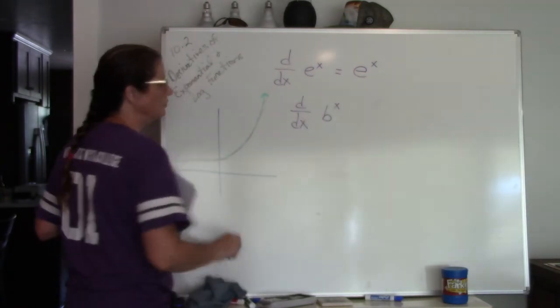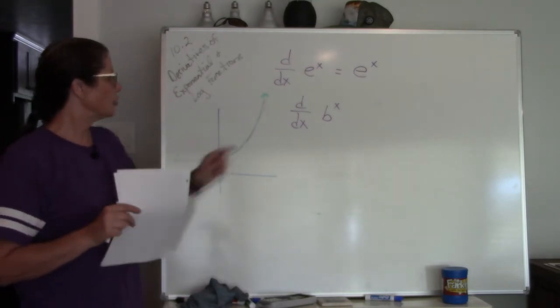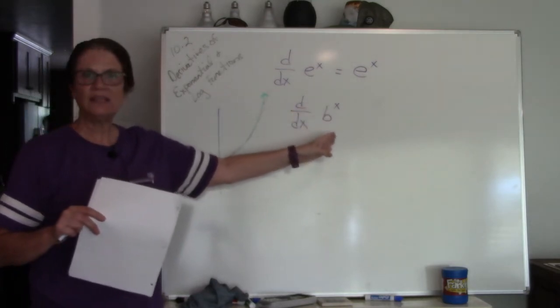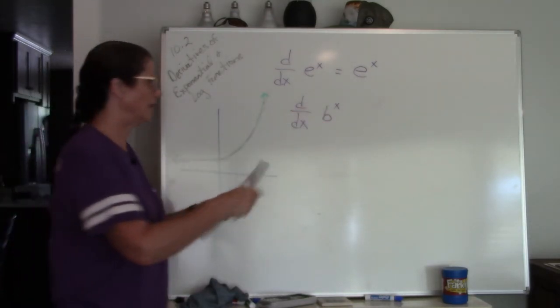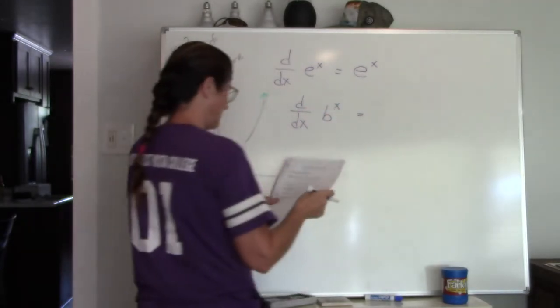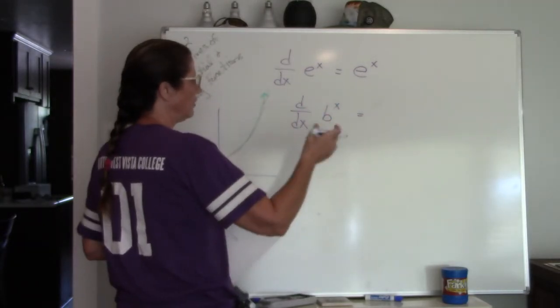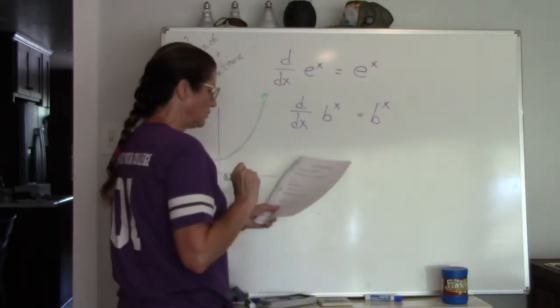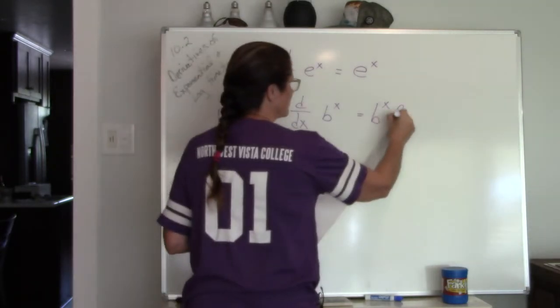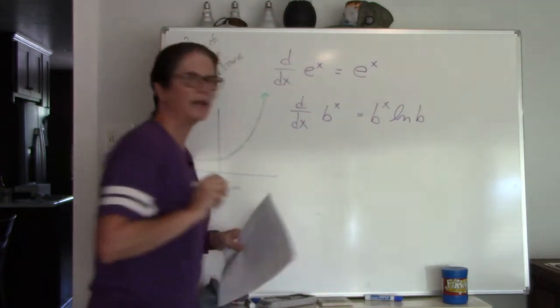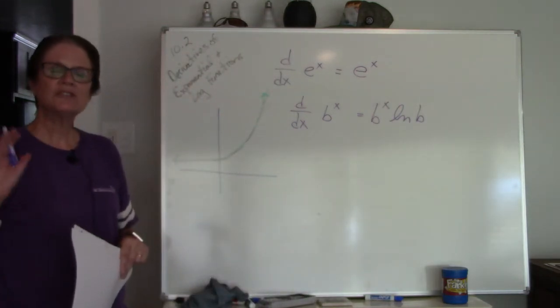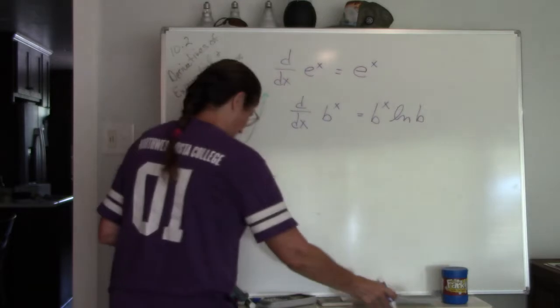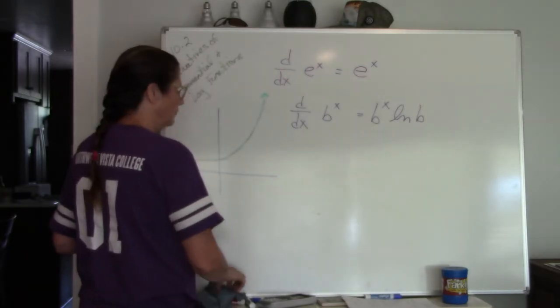So it's very different from what we've been working with. The derivative of any exponential function is that particular exponential function times the natural log of whatever your base is.